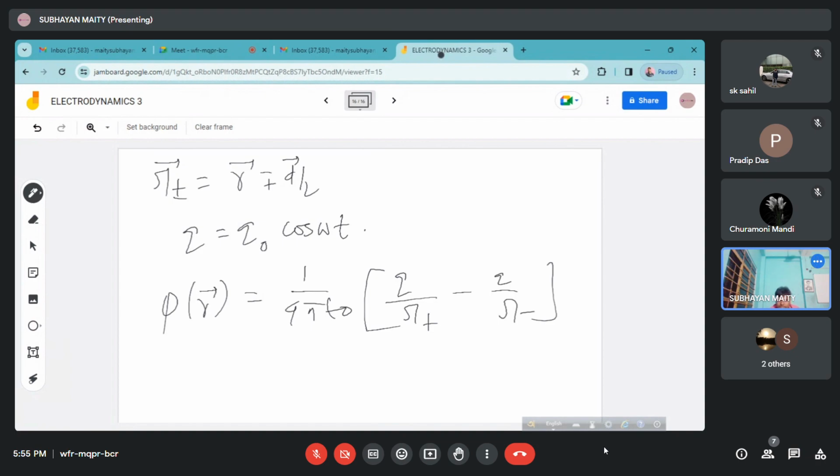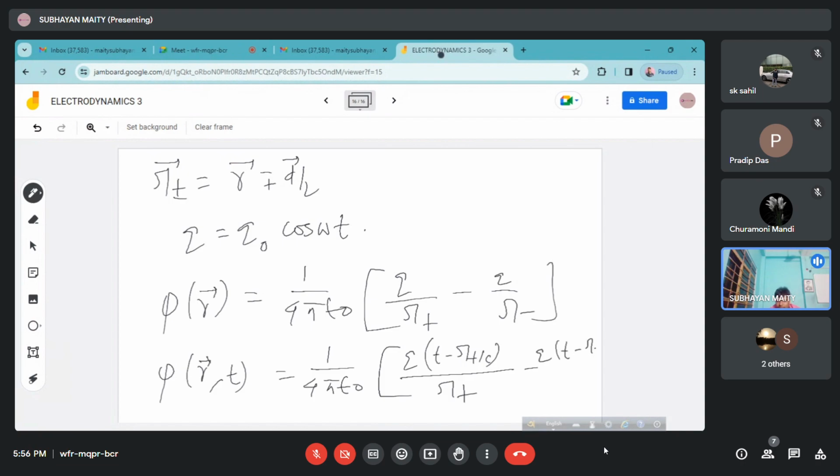For a static source this should be okay, but for an oscillating source phi(R,t) will be 1 by 4 pi epsilon naught, Q of (t minus R plus by c) by R plus minus Q of (t minus R minus by c) by R minus, because time retardation is involved here.